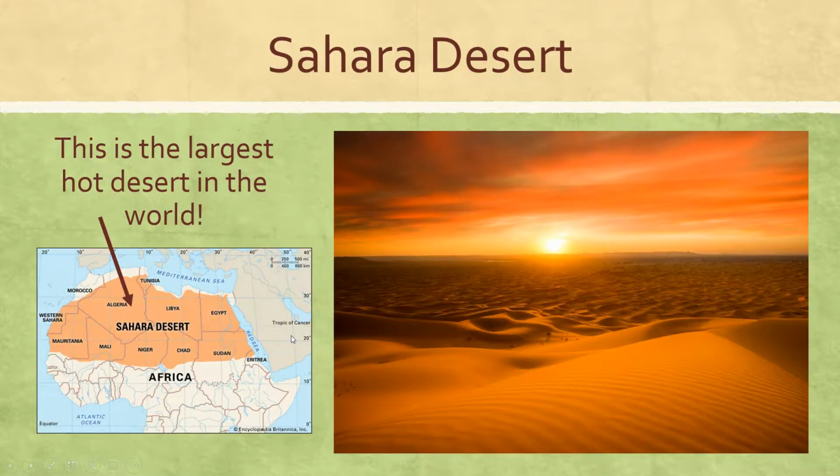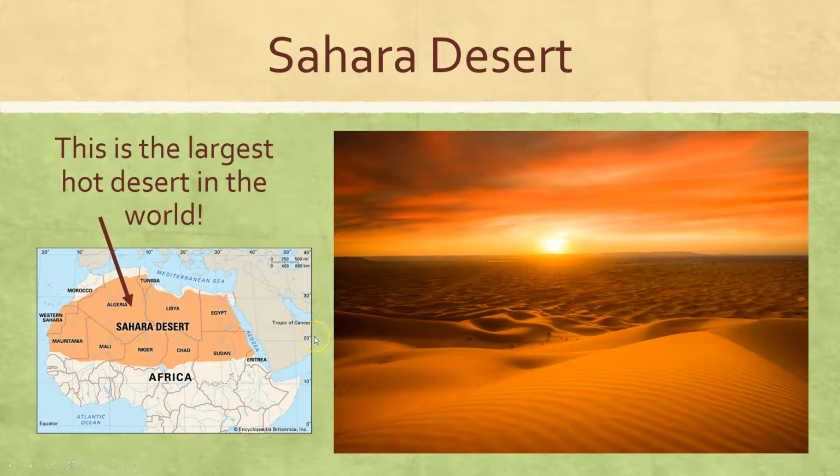Then we have the Sahara Desert, and the Sahara Desert is found in the northern part of Africa, and it is the largest hot desert in the world. Lots of sand there, lots of other things. It's very dry. They don't get a lot of rain or anything like that, and temperatures can reach well over 100 degrees during the daytime.